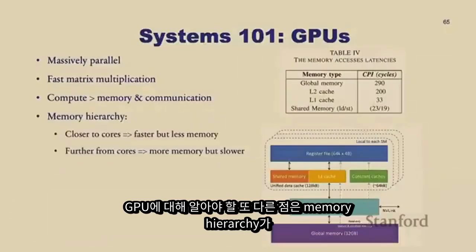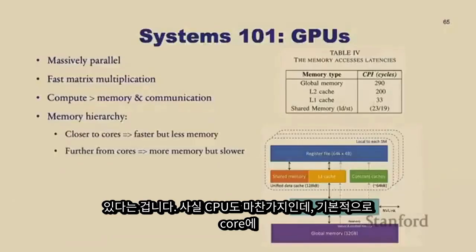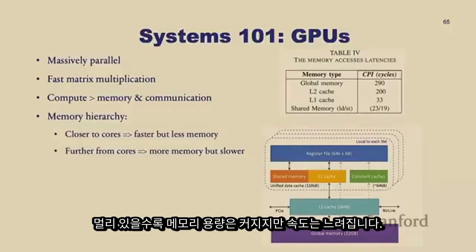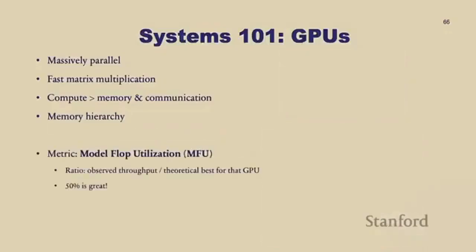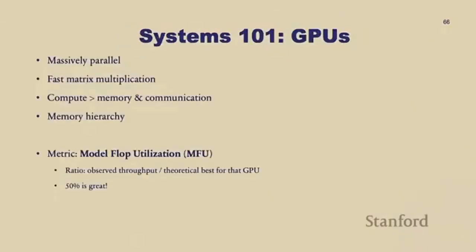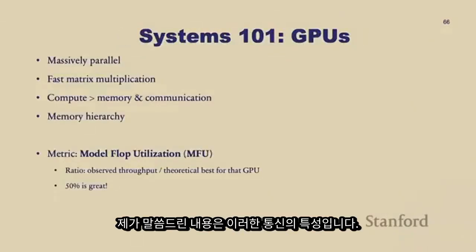Another thing to know about GPUs is that there's a memory hierarchy. This is the same with CPUs: the closer you are to your cores, the less memory there is, but the faster things run. If you're further away, there's more memory but it's slower. I told you about the fact of communication.